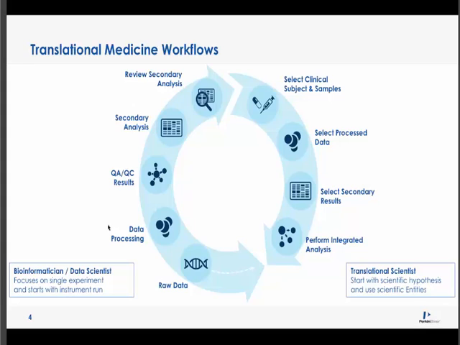Enabling that entire workflow is something people typically have to do on their desktops. They have to get data and do it all themselves because there isn't really a system out there that helps them through the entire process. I view that as one of the major problems in the industry today.